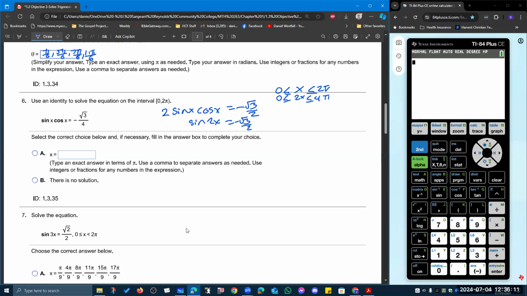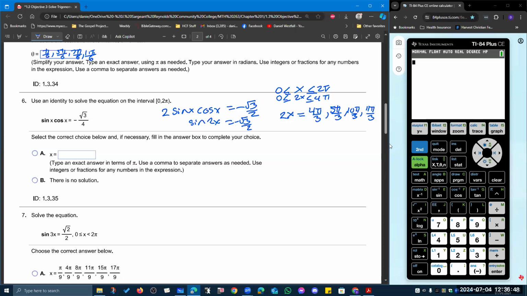So all the places where sine is a negative root 3 over 2 on the first two revolutions, 2x is going to be equal to reference angle pi over 3 is 4 pi over 3, 5 pi over 3. Add 2 pi to this. It's going to be 10 pi over 3. Add 2 pi to this is going to be 11 pi over 3.